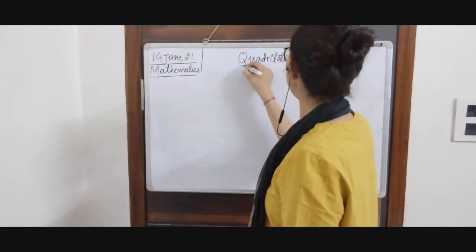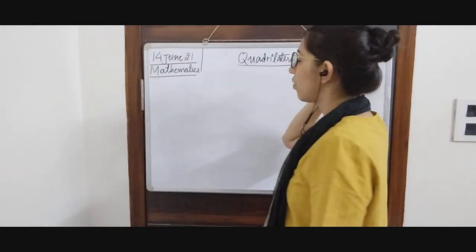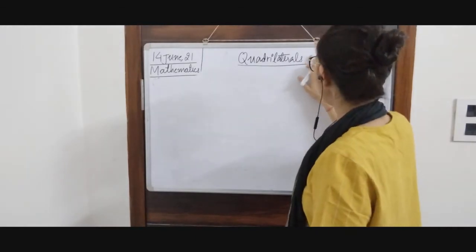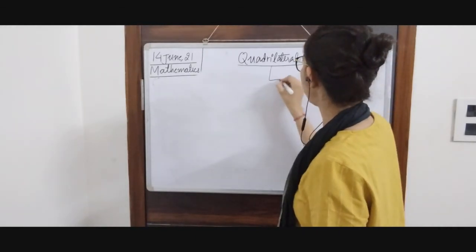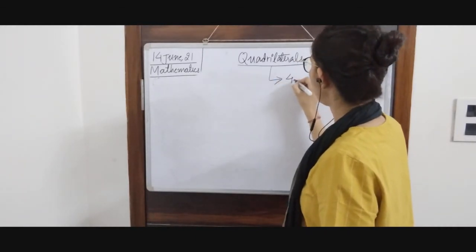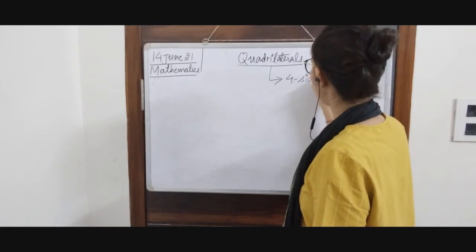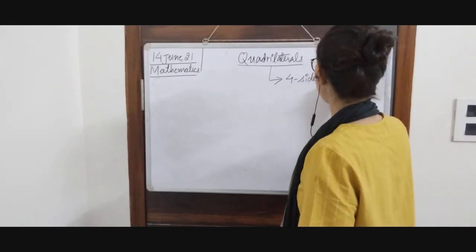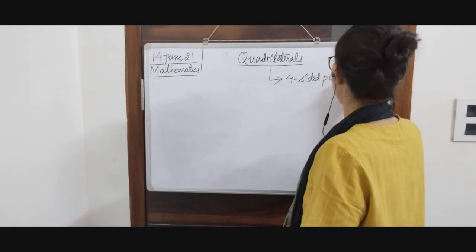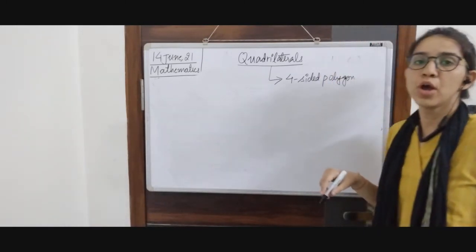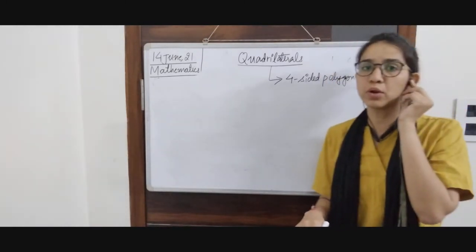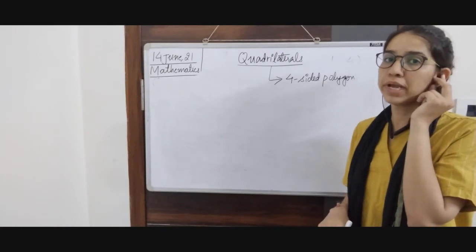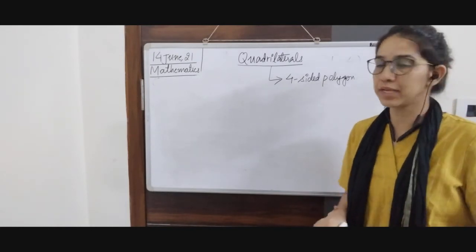Now quadrilaterals. Quadrilaterals, as we defined, are 4-sided polygons. And if you remember, polygons are simple closed curves made up entirely of line segments.